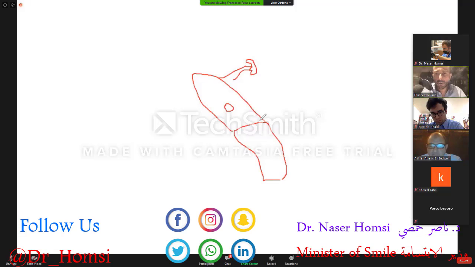So there is the possibility that the force acts buccal to the center of resistance, and the incisors could go proclined, could flare. Yes. Thank you.